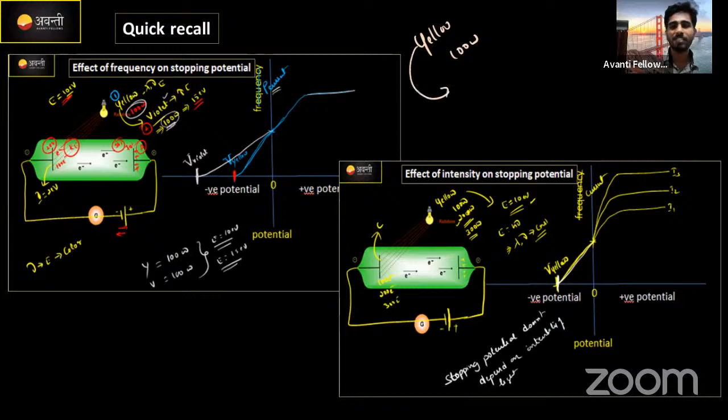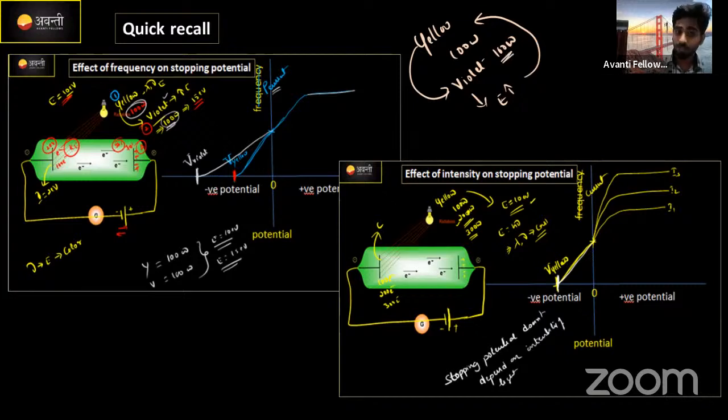To change the frequency I need to change the color. Color is nothing but frequency. I told you that day. Now if you take the violet color, with the same 100 watt bulb, the violet color has more energy than the yellow color. Frequency change means इसका energy भी change हो गया.